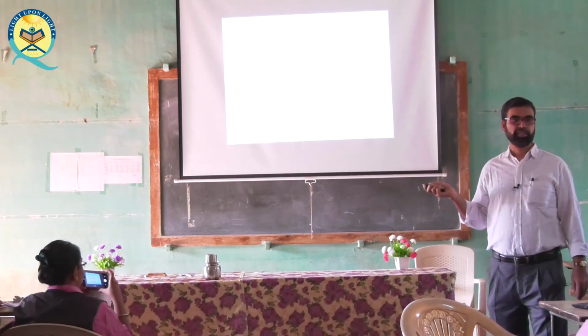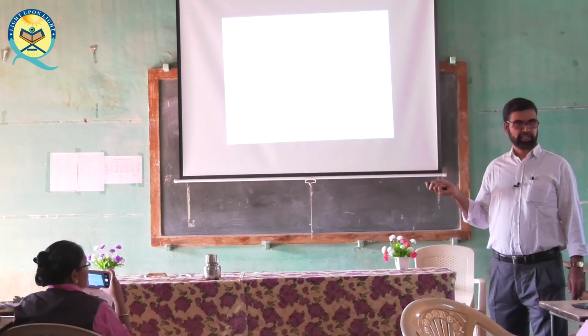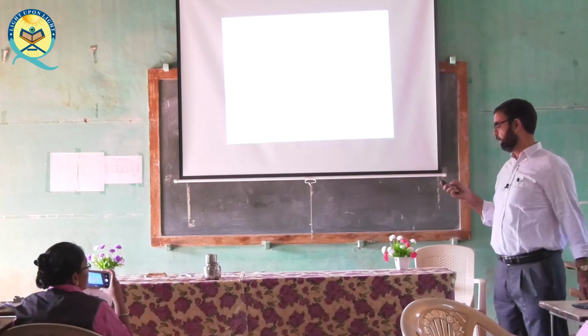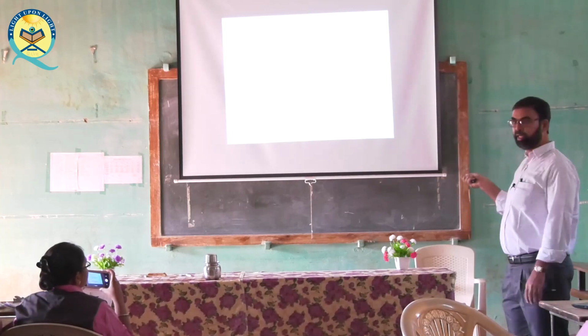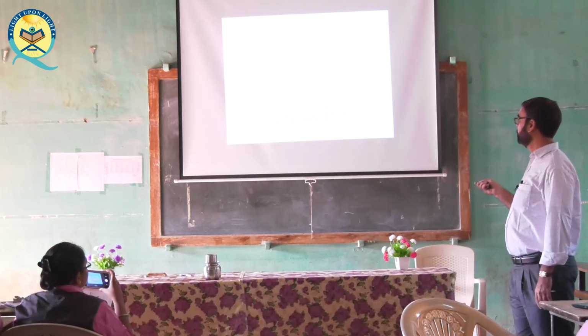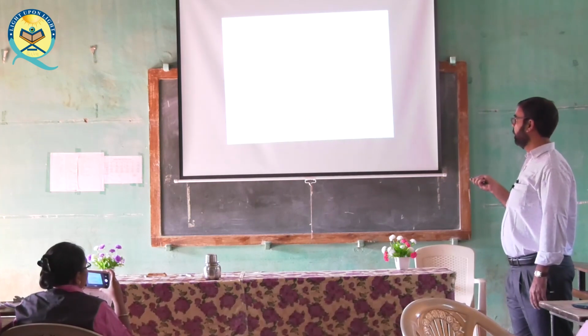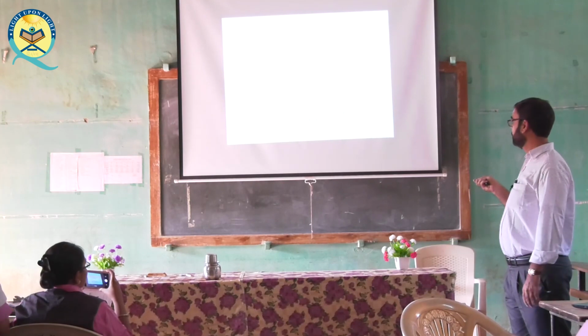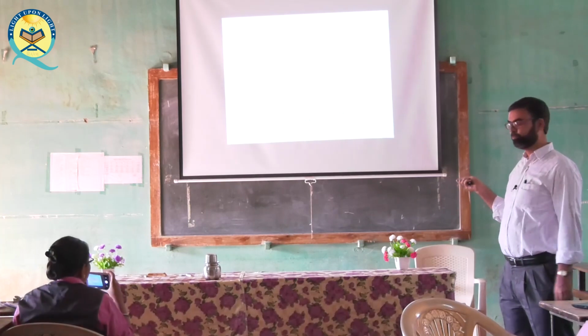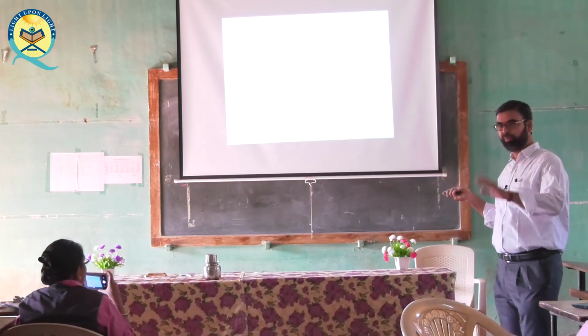A heart rate less than 60 is bradycardia, more than 100 is tachycardia. Again repeating here, P wave height should be less than 2.5 millimeter, width should be less than 0.10 second. Here it is mentioned a little wrong, 0.10 second or 2.5 millimeter.